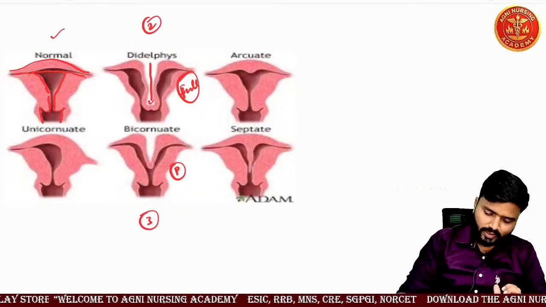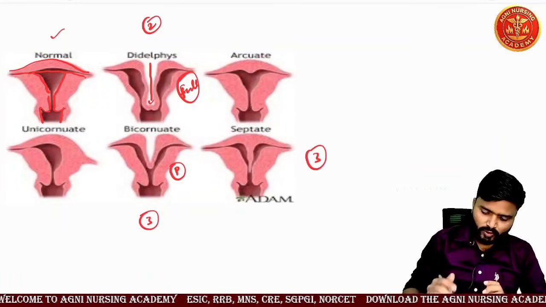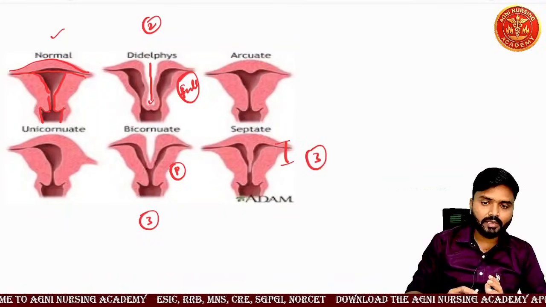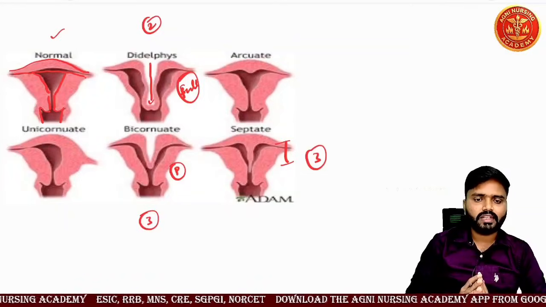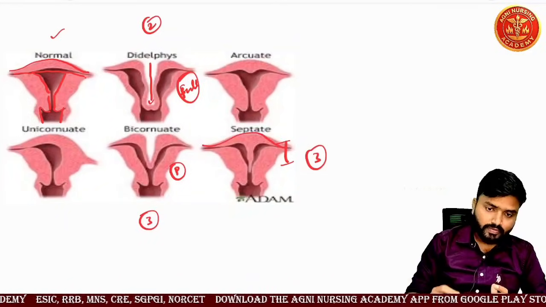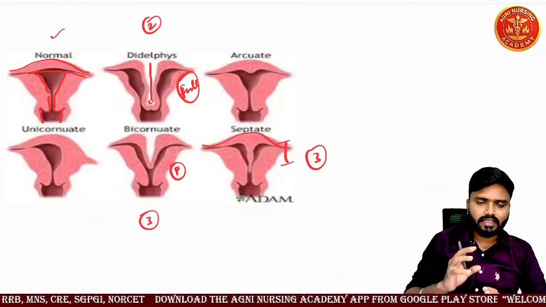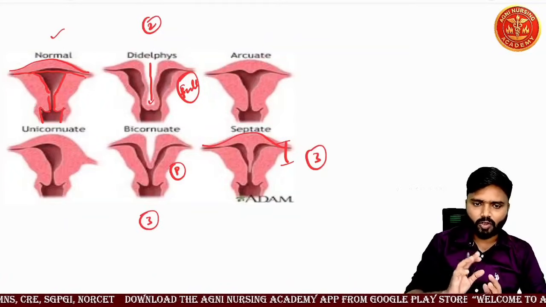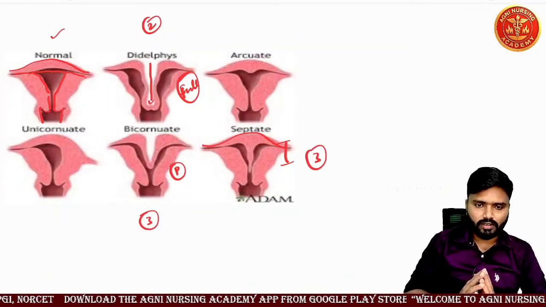And again you can see this image, that is the septate uterus. Here also there is partial incomplete fusion of the body of the uterus, but the fundus of the uterus is fused, meaning normal in shape. Understood? So in the septate uterus the fundus is normal, but the body of the uterus is like two horns.